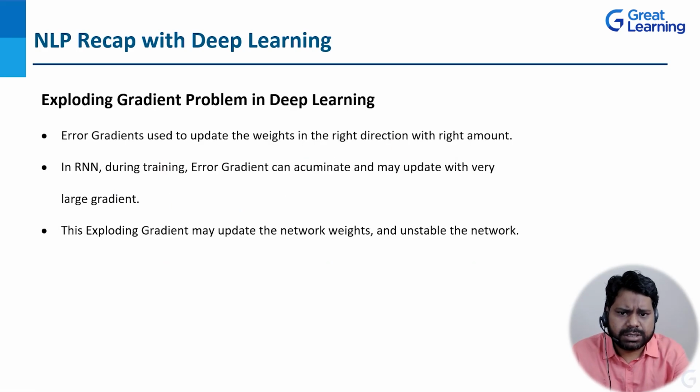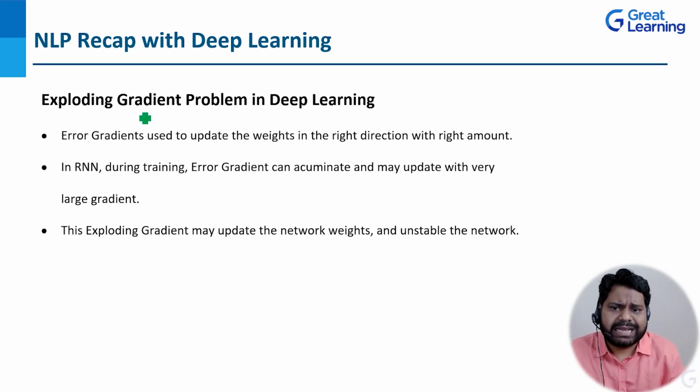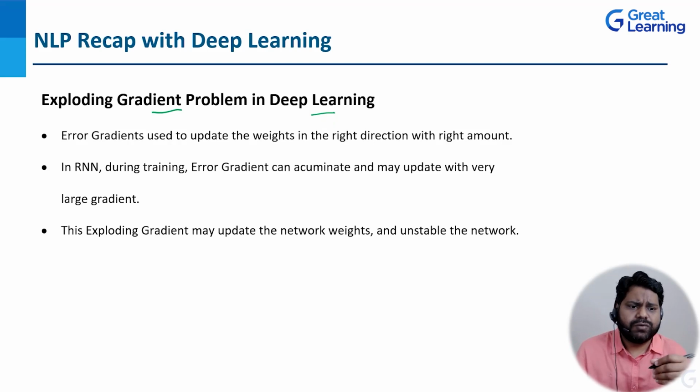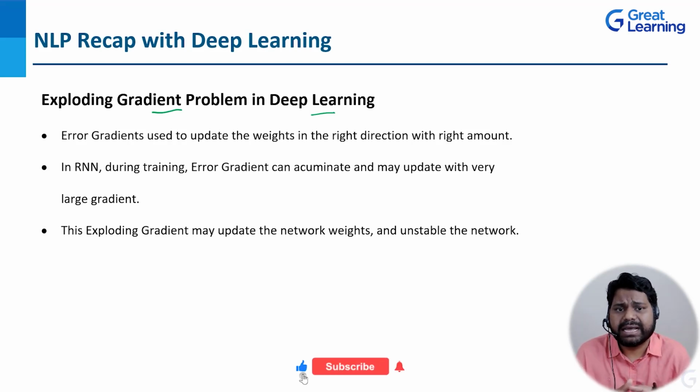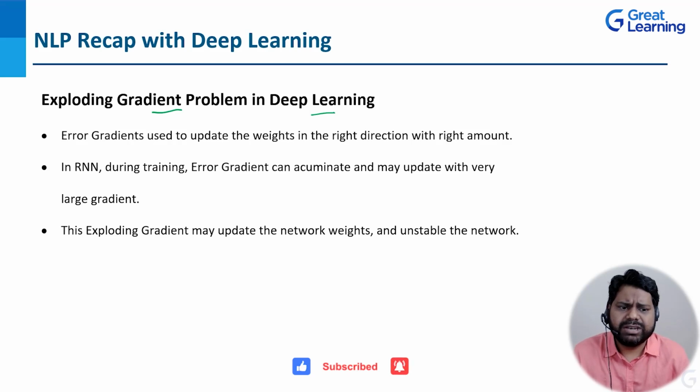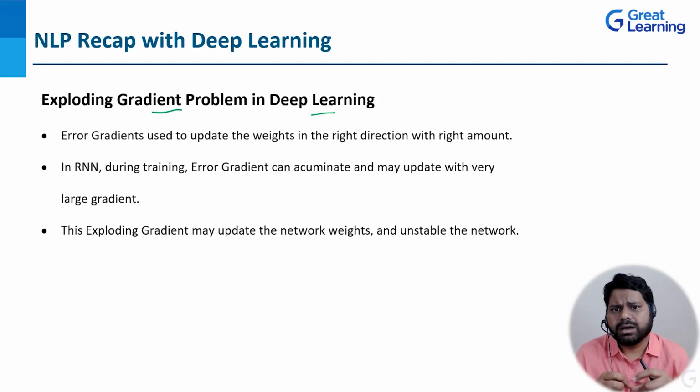Okay, now let's move on. But we have seen that there is an exploding gradient problem in deep learning. So what is the exploding gradient problem? Error gradients are used to update the weights in the right direction with the right amount. When your model is training, with the help of understanding how poorly your model is performing, error gradients are used to tweak the model weights to make it better, so that it can perform well.